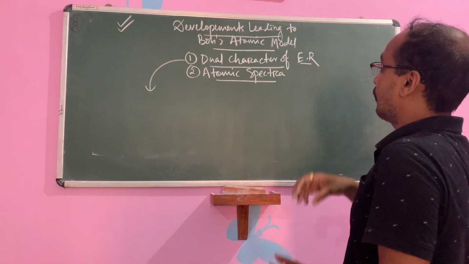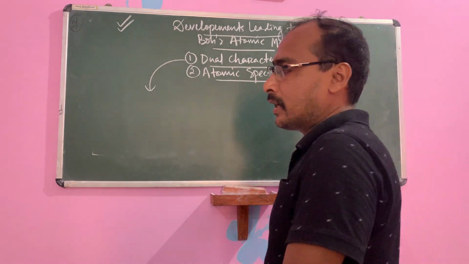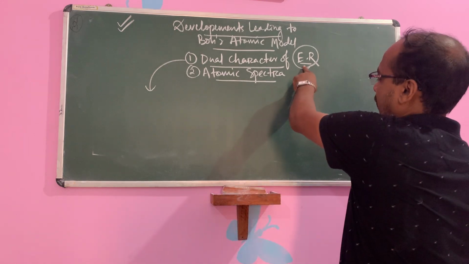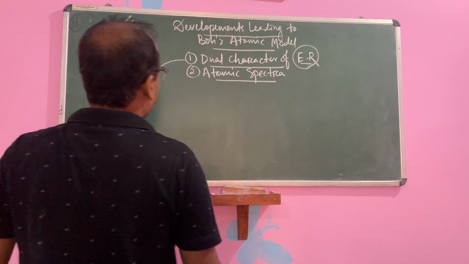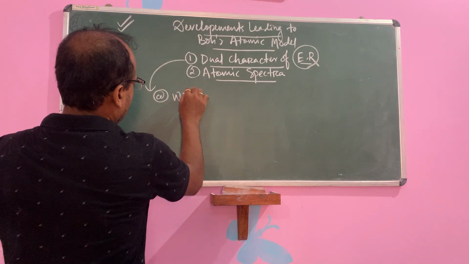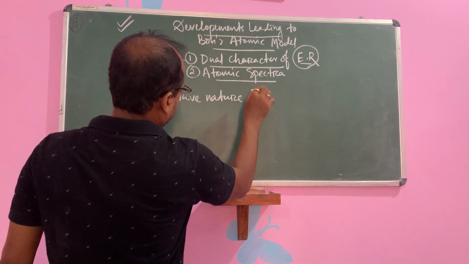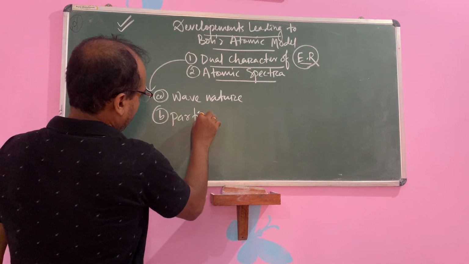So first we have to discuss what electromagnetic radiations are. What do you mean by electromagnetic radiations? Then the characteristics of electromagnetic radiation, that is, particle nature and wave nature. So first, these are again two types: wave nature and particle nature.